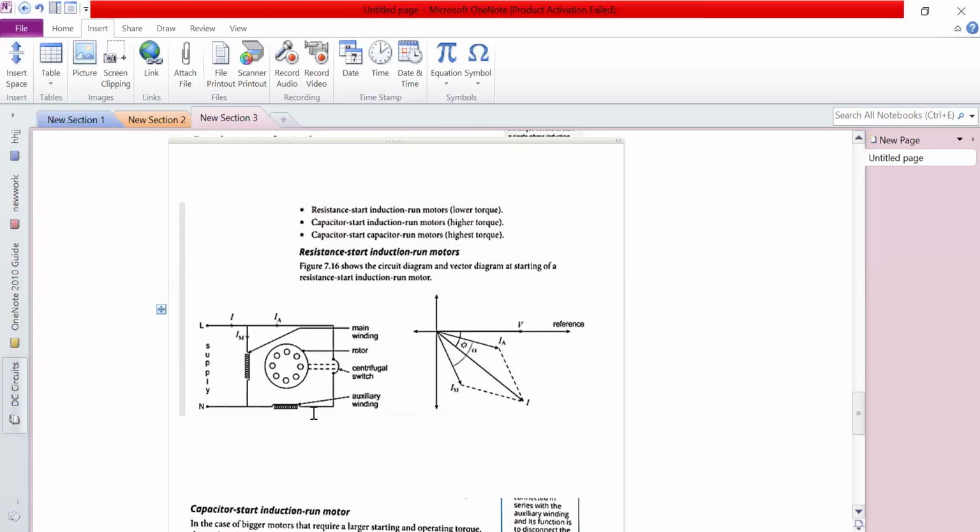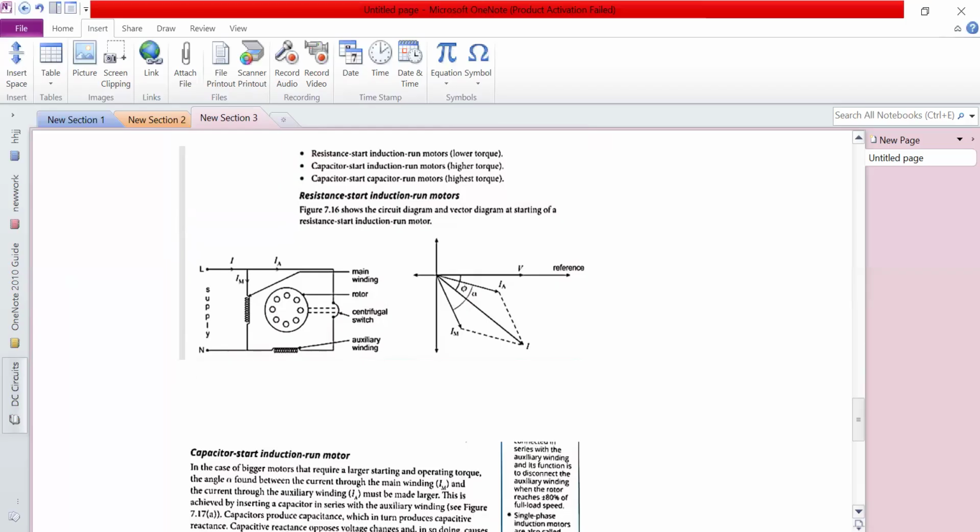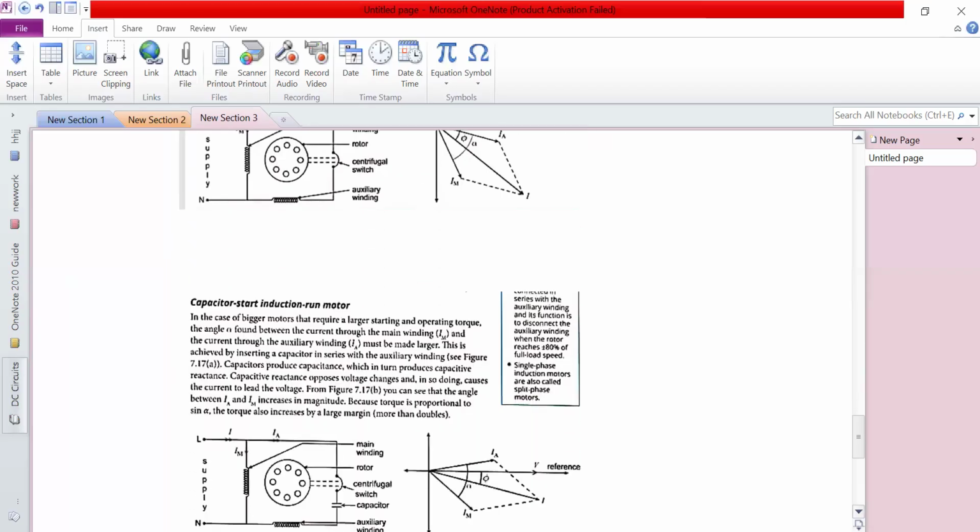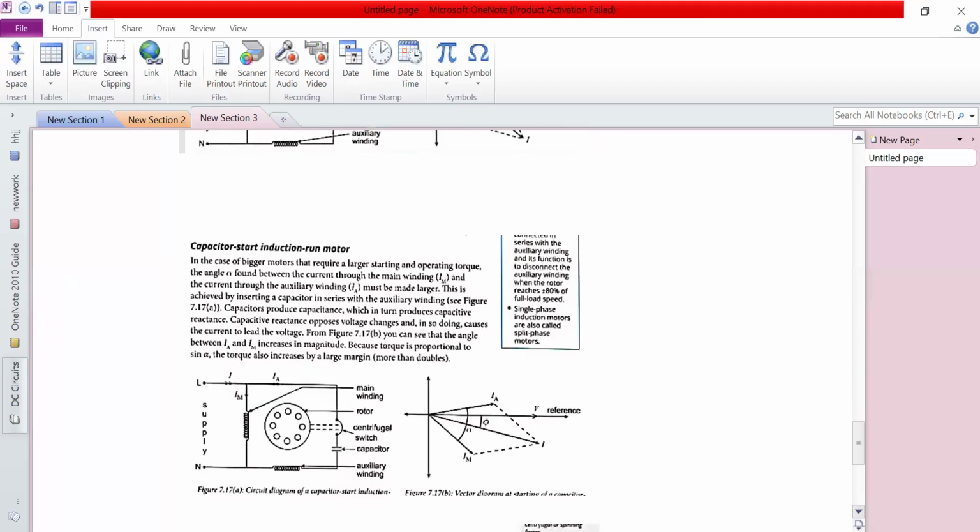That phase shift is responsible for providing the starting torque required by the resistance start induction run motors. So I'll repeat: we're splitting the phase of the current between the main winding and the auxiliary winding. That is what provides the starting torque for the resistance start induction run motors.